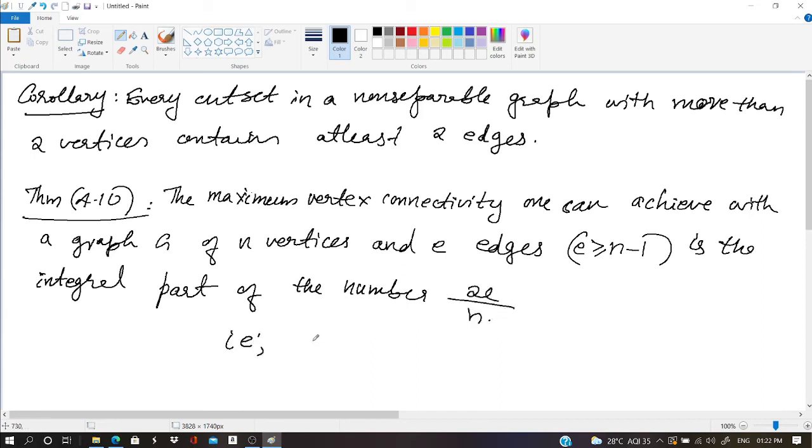That means the integral part of 2e by n. Okay.